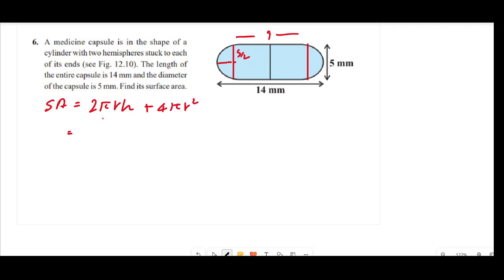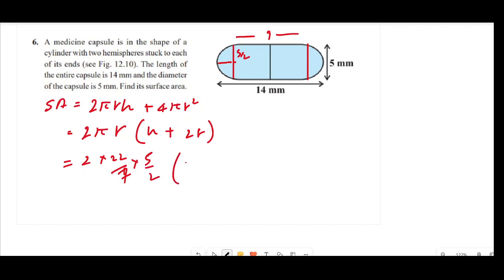Now 2 pi rh here, and we can take 2 pi r common. Here h is remaining, and here 2r is remaining. Now put the value 22 by 7 into r, which is given as 5 by 2.